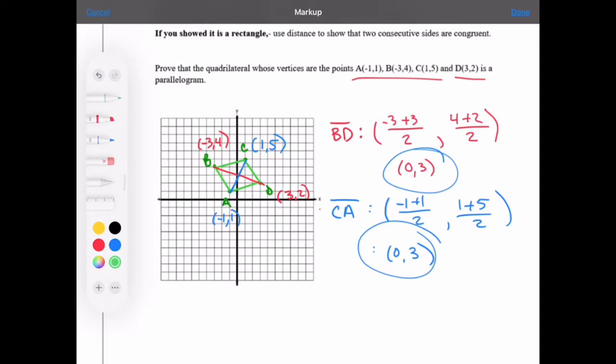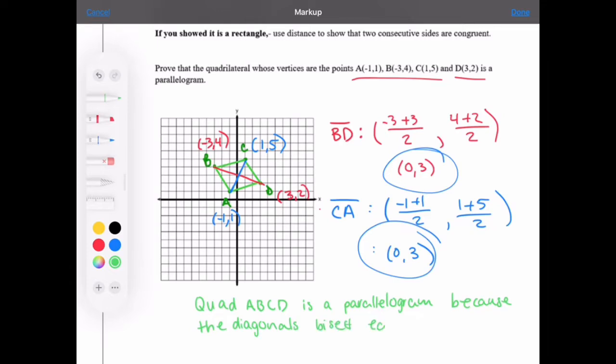So therefore, all we have to say is that quadrilateral A, B, C, D is a parallelogram because the diagonals bisect each other. Alright, so that's one option on how to do this.